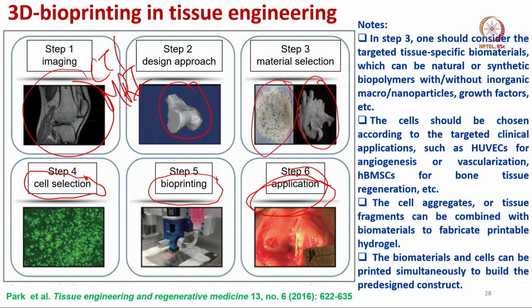So, what are the things I have mentioned on the right hand panel? In step 3, one should consider the targeted tissue specific biomaterials, which can be either natural or synthetic biopolymers. This I will be explaining during my lecture on scientific case study in more detail. In step 4, the cells should be selected according to targeted clinical applications, like HUVECs for angiogenesis, human bone marrow derived mesenchymal stem cells for bone tissue regeneration and so on.